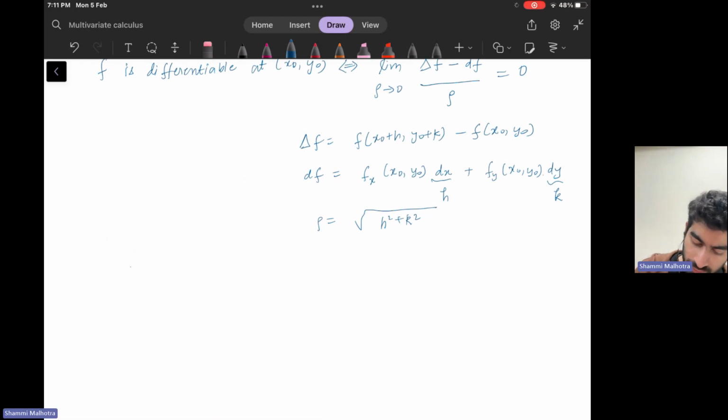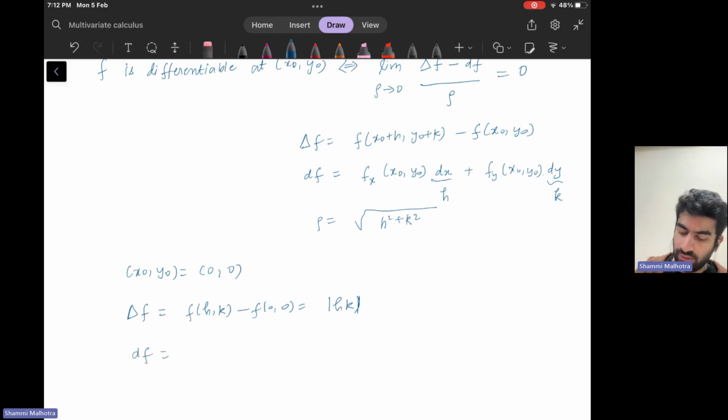And my point is (0, 0) only. So delta f is nothing but f(h, k) minus f(0, 0), so this will be mod of hk. And the next thing is df. We have calculated the partial derivatives, which turn out to be 0 at (0, 0), both of them.